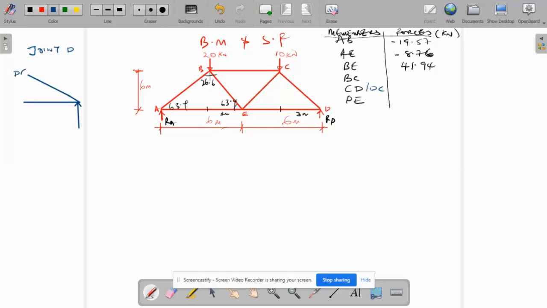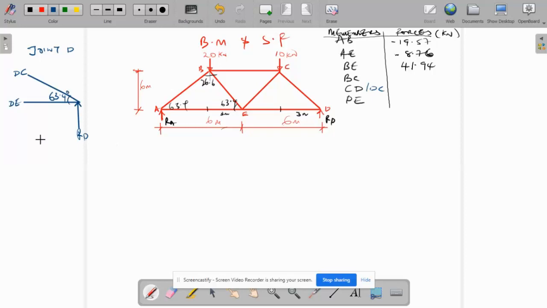Call this DC. And we'll call this RD, reaction D. We'll call this DE. And this still remains 63.4 degrees. That's what we have here.